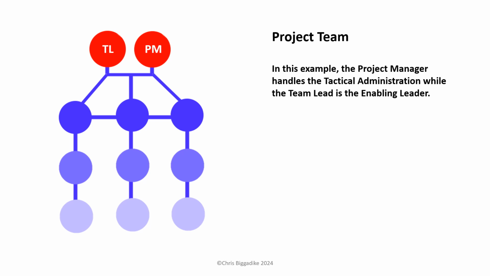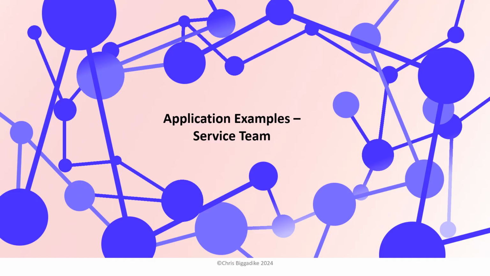In this example, the project manager handles the tactical administration while the team lead is the enabling leader. The demarcation of enabling leadership and tactical administration is normally quite clear in a project team. For a service team, it can be less obvious.